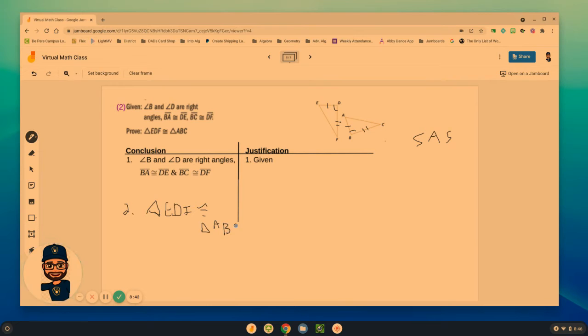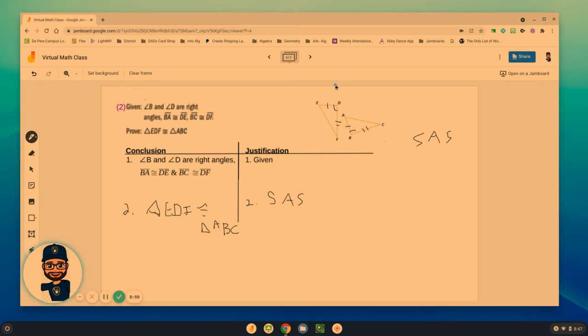What is our justification? What theorem did we show was true? Side, angle, side. Right? Because they gave all of the information to us, we could go right to the end.